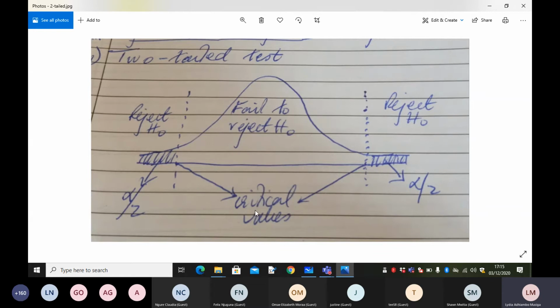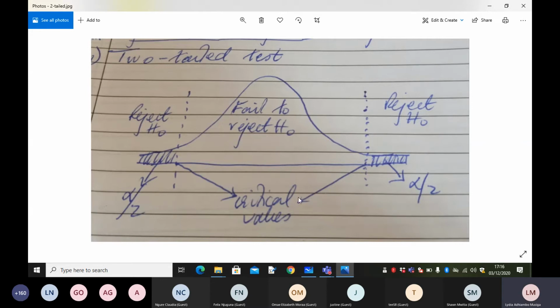Remember, like we were getting the z-score values, depending on the question that has been asked and the value that we shall read from the table.